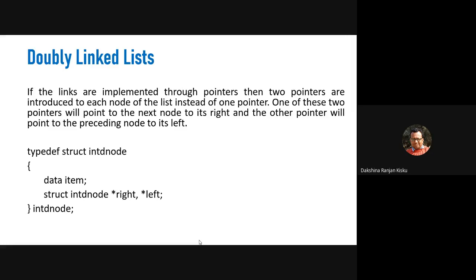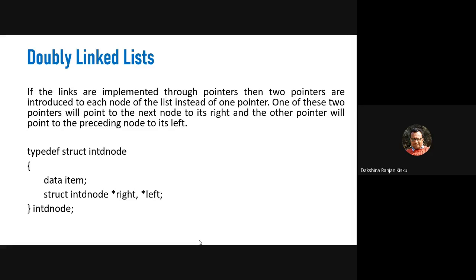We need to find out the preceding node of the inserted node or the deleted node. To find the preceding node, we need to start from the beginning, that means from the first node, so that by a traversal operation we will find the preceding node of the inserted node or the deleted node.